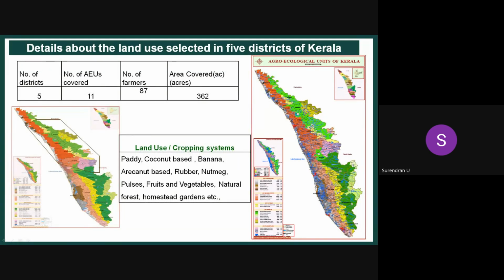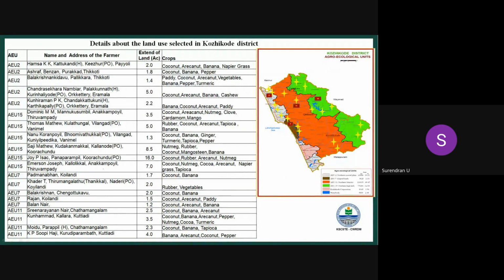These are the selected areas, land use and cropping systems, as well as the important crops we selected: paddy, coconut, banana, arecanut-based, rubber, nutmeg, pulses, fruits and vegetables, and forest area, along with the zones.